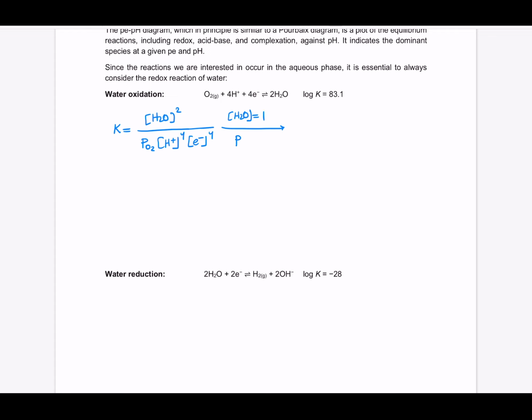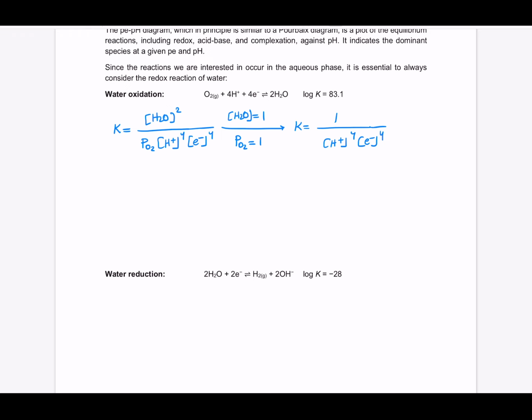And also we're assuming a standard condition, so the partial pressure of oxygen would be 1. So this relationship would be K equal to 1 over H plus to the power of 4, and then e to the power of 4.